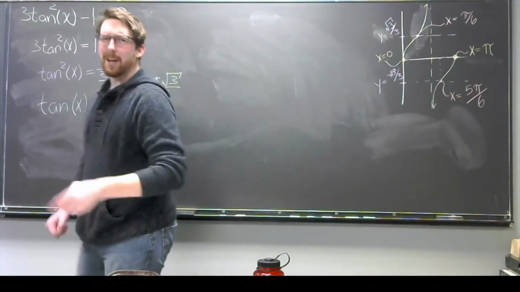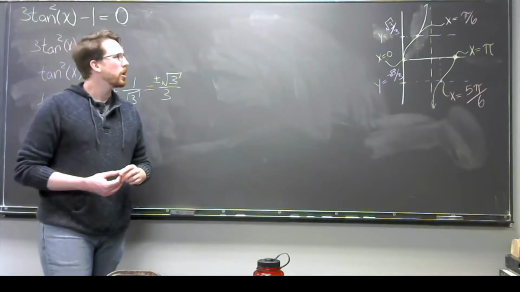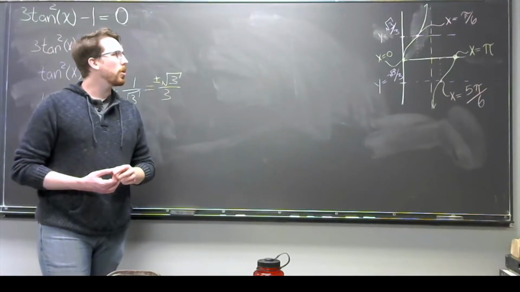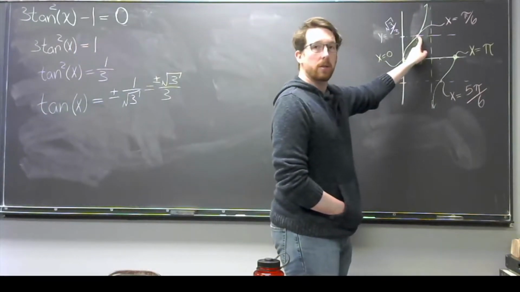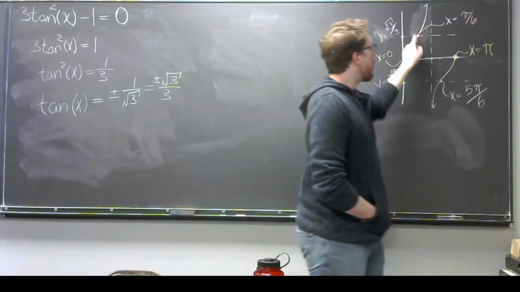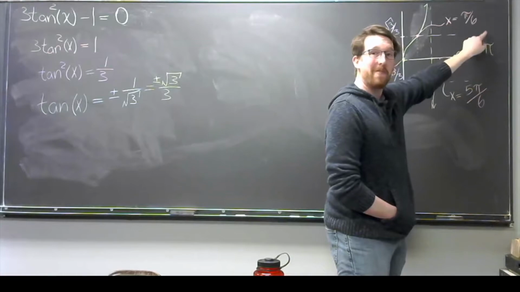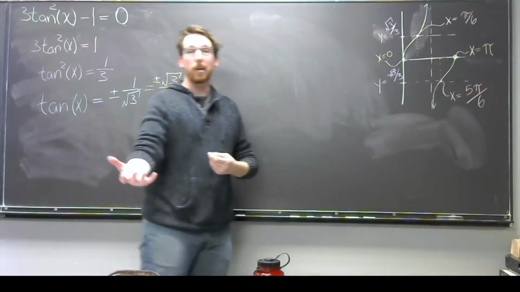But hey, tangent's periodic. So once I pass one of these points, after I go another interval of pi, I'm going to find that point repeats, aren't I? Because tangent is pi periodic.